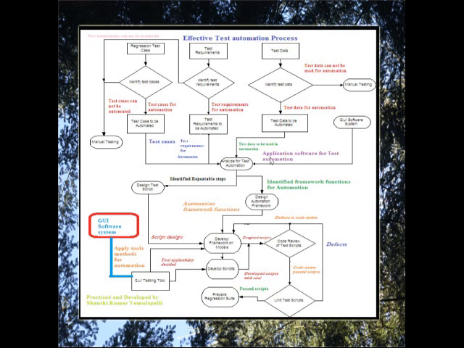The application software for test automation needs to be identified, and it should be tested manually with all these identified test cases and test data in one cycle at least. So once it has passed, then only you are going to consider it for automation.